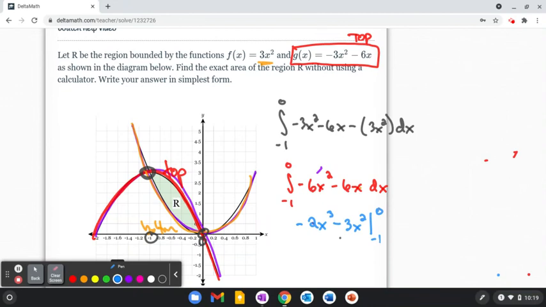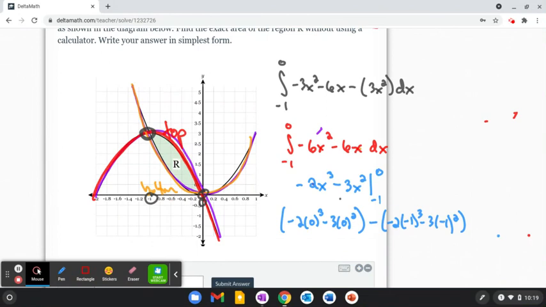All right, so then we plug it in. We get negative 2 times 0 cubed minus 3 times 0 squared. That's all going to go to 0, so that's going to be easy. Minus negative 2, parenthesis, negative 1 cubed minus 3 times negative 1 squared. Close our parenthesis.